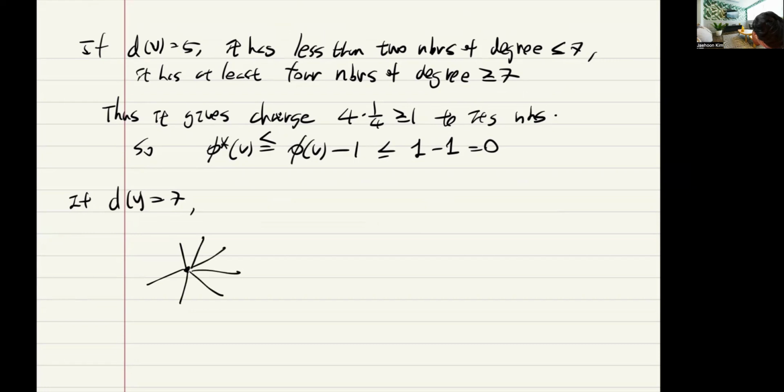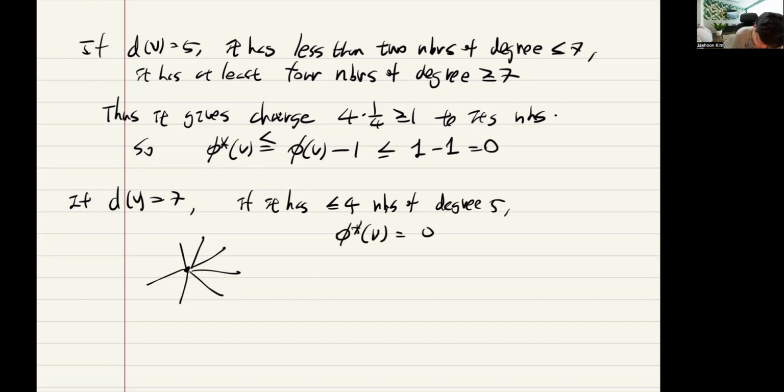If it has fewer than 4 neighbors of degree 5, then its final charge is at most the initial charge plus at most 4 times 1/4, which is 0.